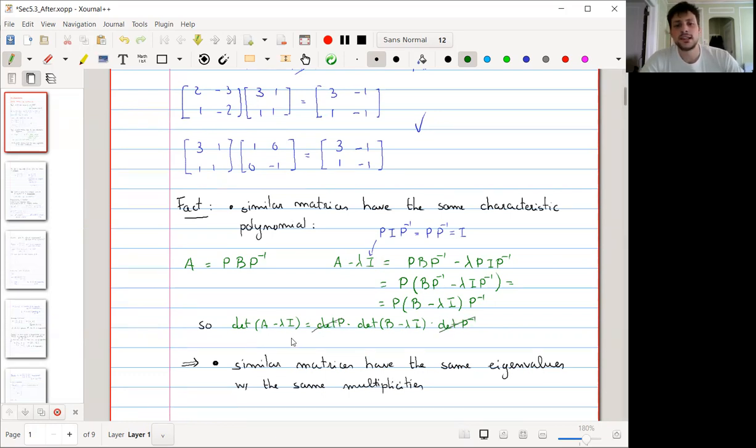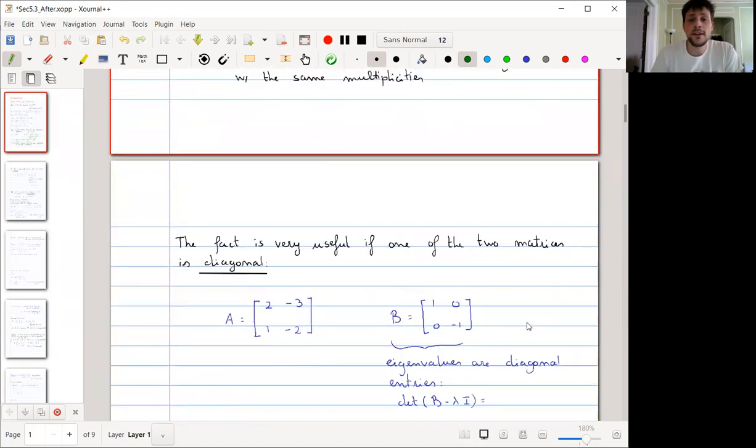So we get that the two characteristic polynomials are equal: the polynomial of A is equal to the polynomial of B. Having the same characteristic polynomial means that you have the same eigenvalues with the same multiplicities, because both eigenvalues and multiplicities are determined by the characteristic polynomial.